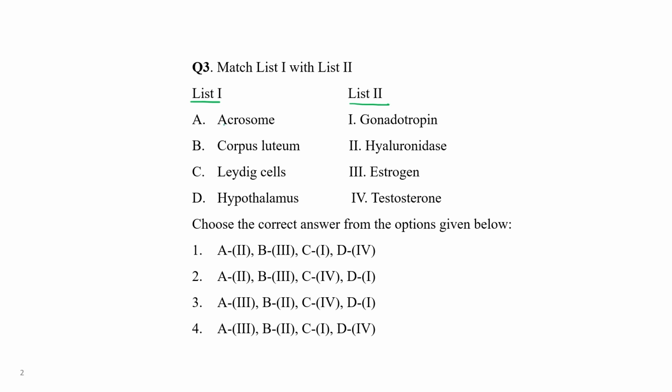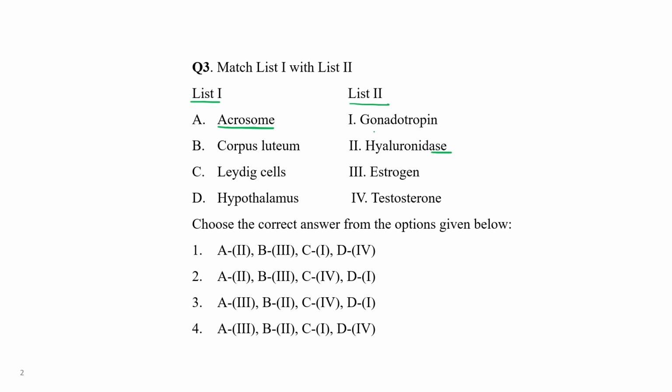Acrosome is present on the upper side or topmost side of the sperm. And what is the function of acrosome? Acrosome contains some enzymes which help it to penetrate the ovum. So out of these, what is the enzyme?